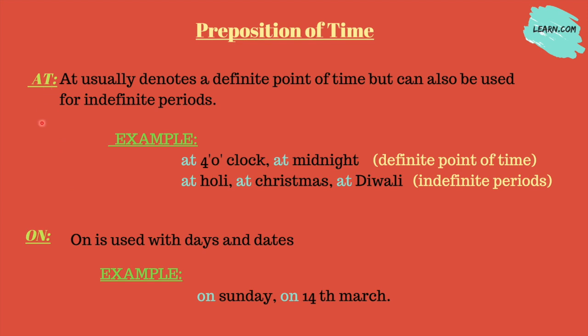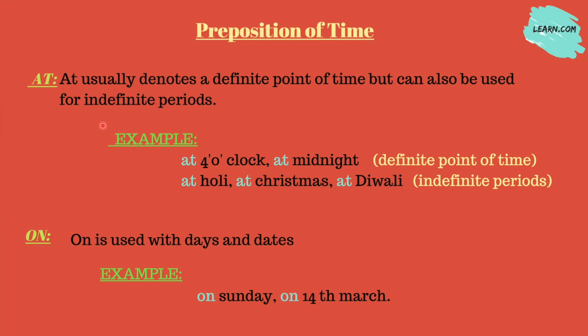The first two prepositions that are very important regarding the preposition of time are at and on. Now, how is at used in reference to time? At usually denotes a definite point of time but can also be used for indefinite periods.